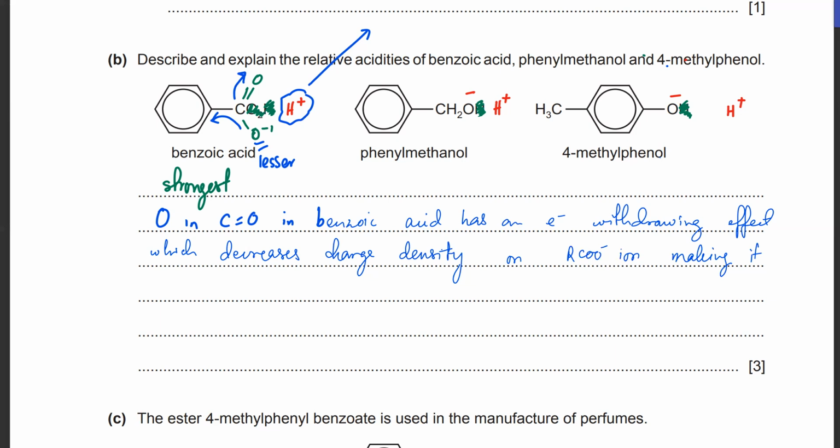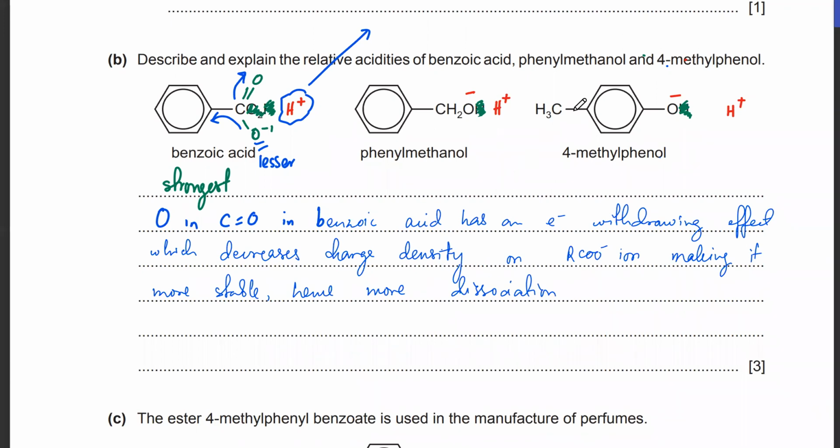So RCOO- is more stable, actually. Hence more dissociation. So hence there's going to be a lot more dissociation. That's the first one. So now we are left with 1 and 2.